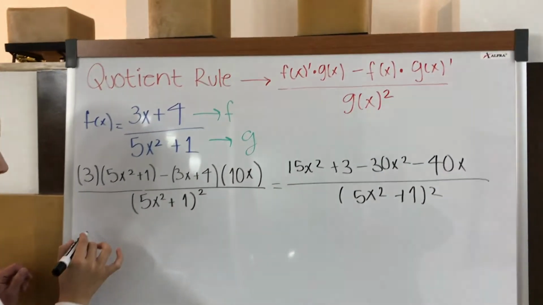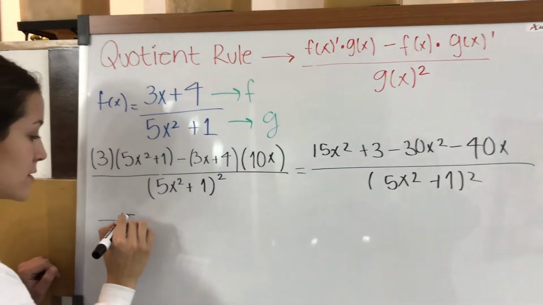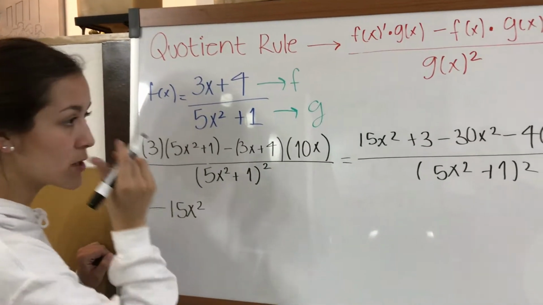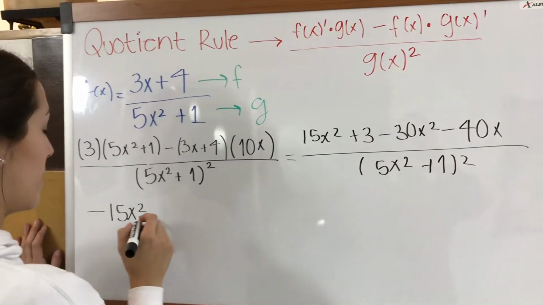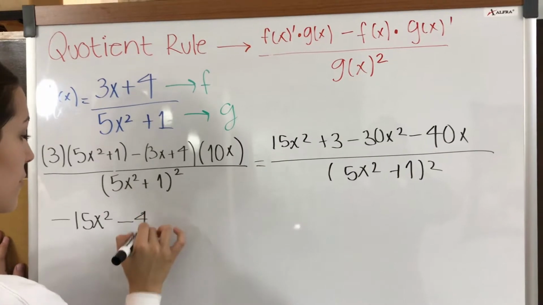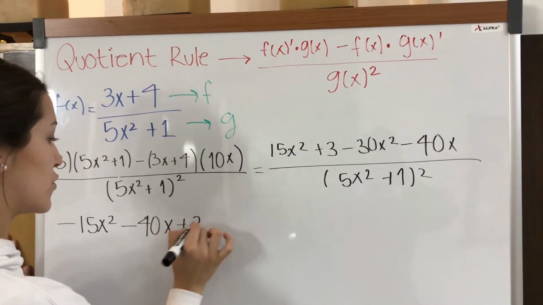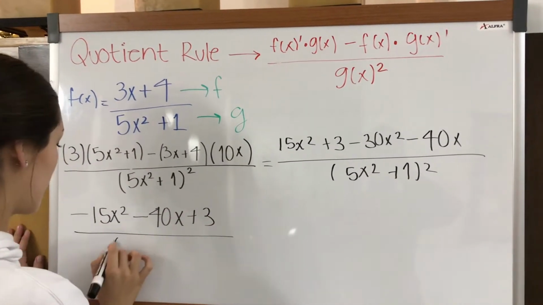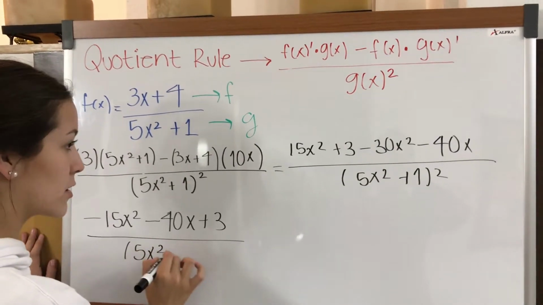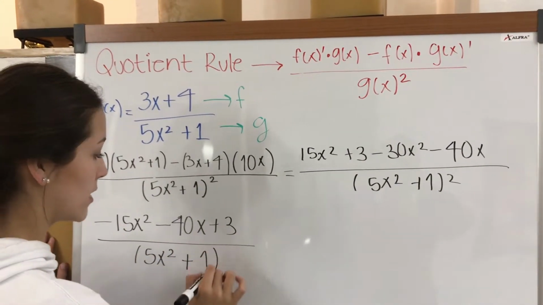So you have minus 15x squared minus 40x plus 3 divided by (5x squared plus 1) squared.